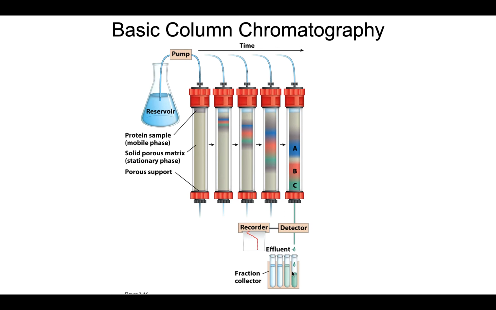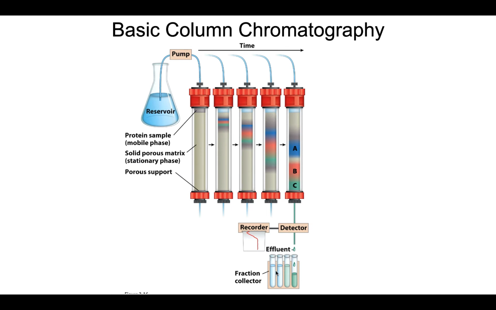Right? So we will collect here, this is called effluent, the stuff that's running out. And if we collect it at time point, let's say, 4, that's going to be a different set of proteins than when we collect it maybe at time point 6 or 10. Okay, so that's how we run this chromatography.